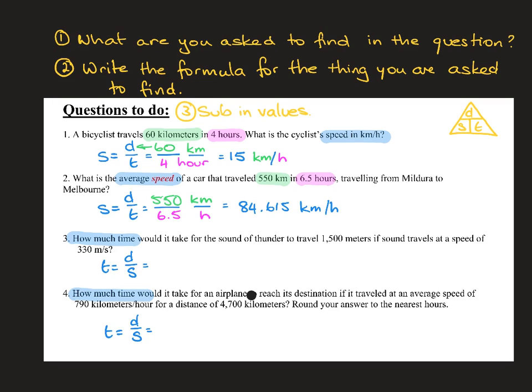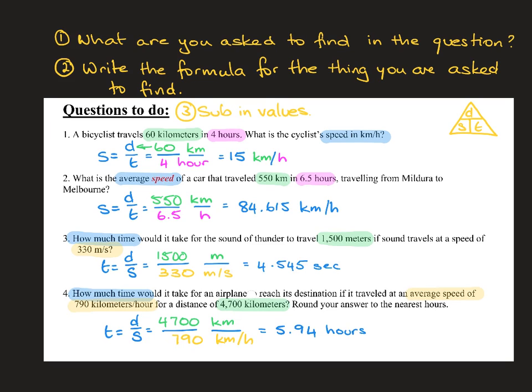Okay, so I'm going to ask you to pause the video and have a go at these 2 questions here, and then unpause the video and see how you went. Okay, so how did you go? Did you get your distance of 1500 metres divided by your speed of 330 metres per second? When you're working with speed units in your calculation as well, you need to make sure that the distance units are exactly the same.